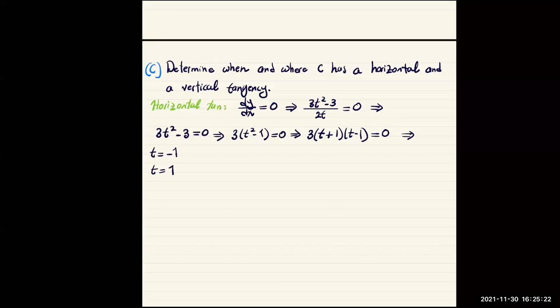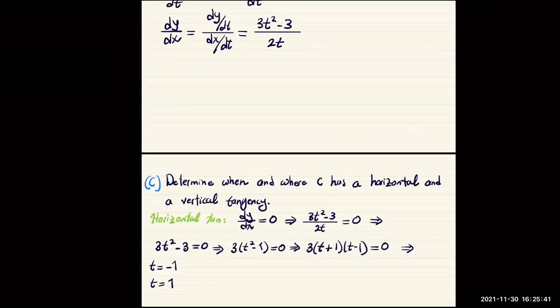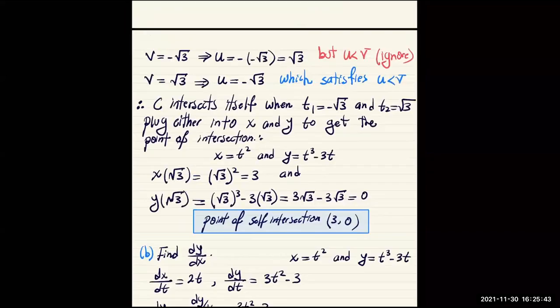So at these t values, the derivative dy/dx, or slope of the tangent line, is 0. That is when. Now, if you want to find where, you have to substitute these into your parametric equations.